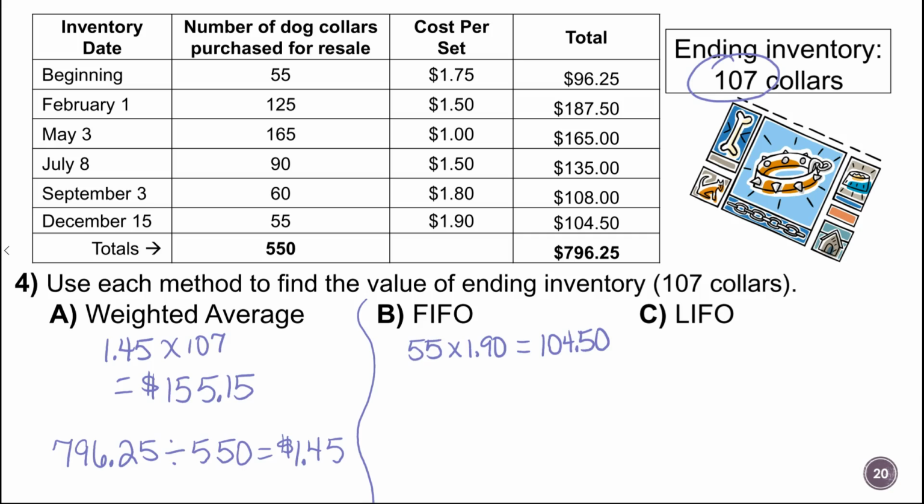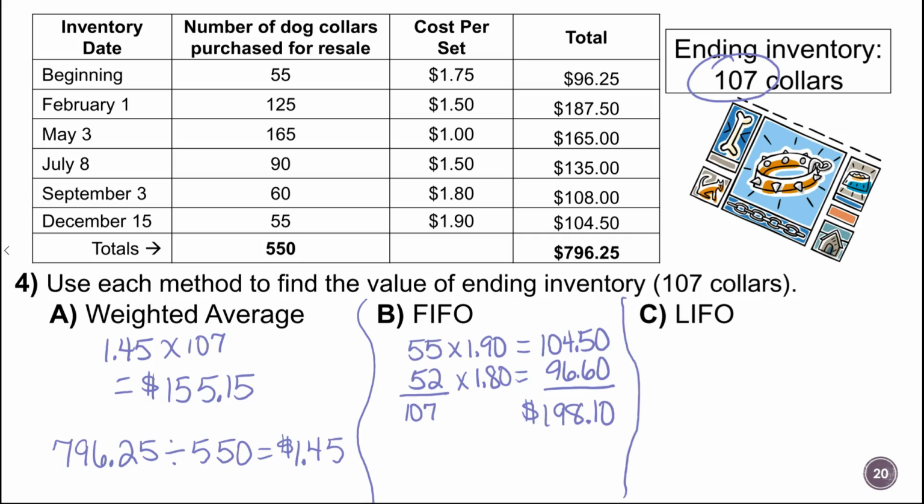And then from the second category, we actually don't need all 60 of them, but we need 52, because 52 plus 55 is 107. All right, so 52 times $1.80, and that's $96.60. So my ending inventory is $201.10, and so that's it for that one.